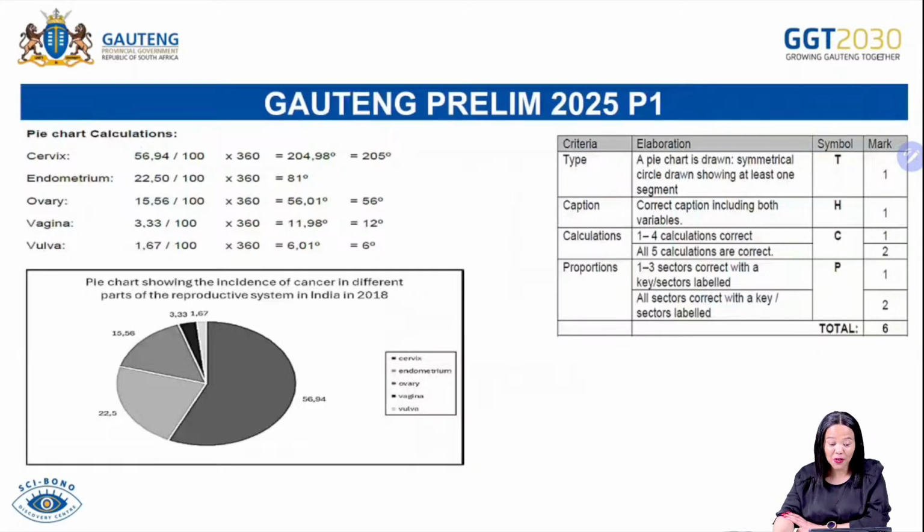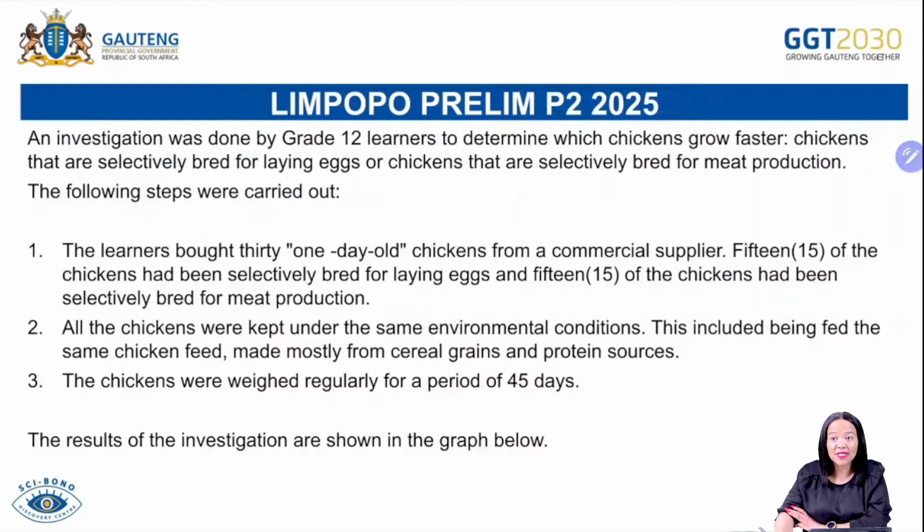Let us carry on. The next investigative question, let's go through the procedure. An investigation was done by grade 12 learners to determine which chickens grow faster: chickens that are selectively bred for laying eggs, or chickens that are selectively bred for meat production.